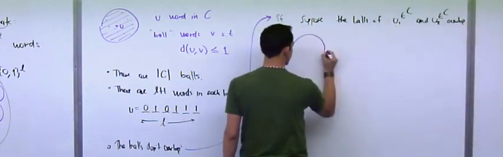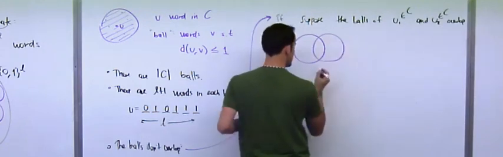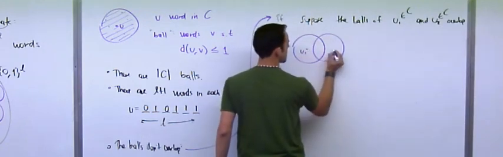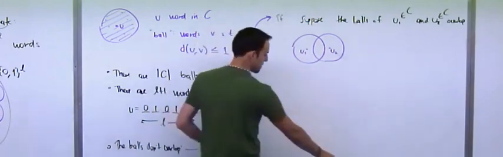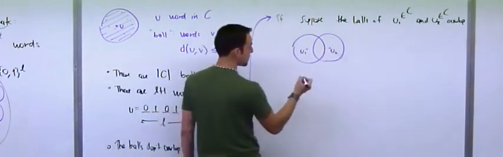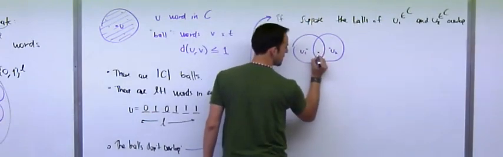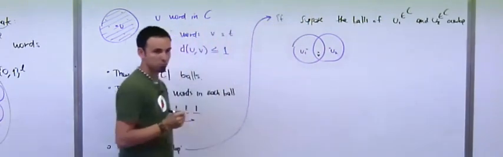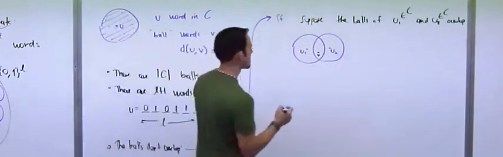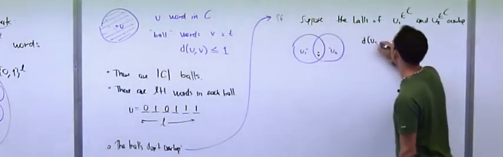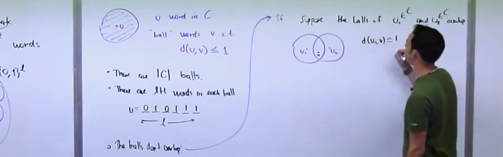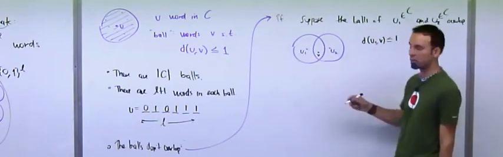So I have a ball like this, and a ball like this. Here's my word U1. Here's my word U2. I'm assuming that these balls overlap, meaning that there is some word V here in the middle. What does this mean? It means that the distance between U1 and V is at most 1, because V is inside the ball of U1.